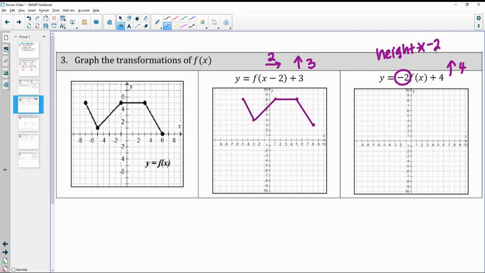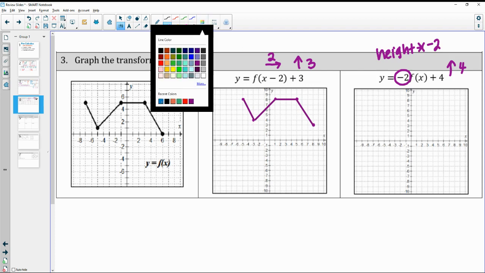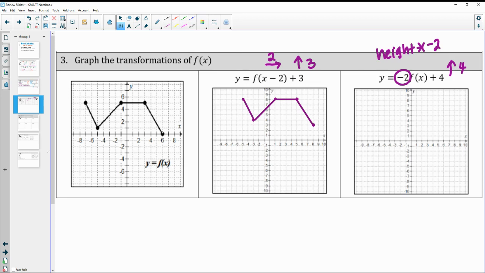So that's going to flip it and stretch it at the same time if we multiply by -2. So when we go over here, this one has a height of 0, right? So from the x-axis. So 0 times -2 is 0. And then we'll move up 4. So this 6, 0 is just going to end up moving up 4.